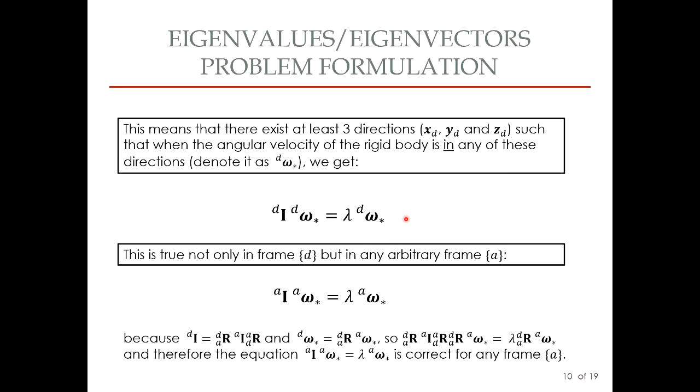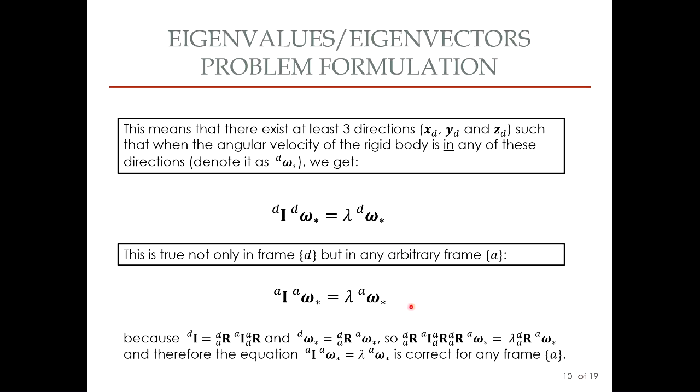Now from this equation, we can easily find these specific directions of frame D. We can find it. I will show you how and why. Now remember, we are starting without knowing where this D frame is. We don't know at the beginning.